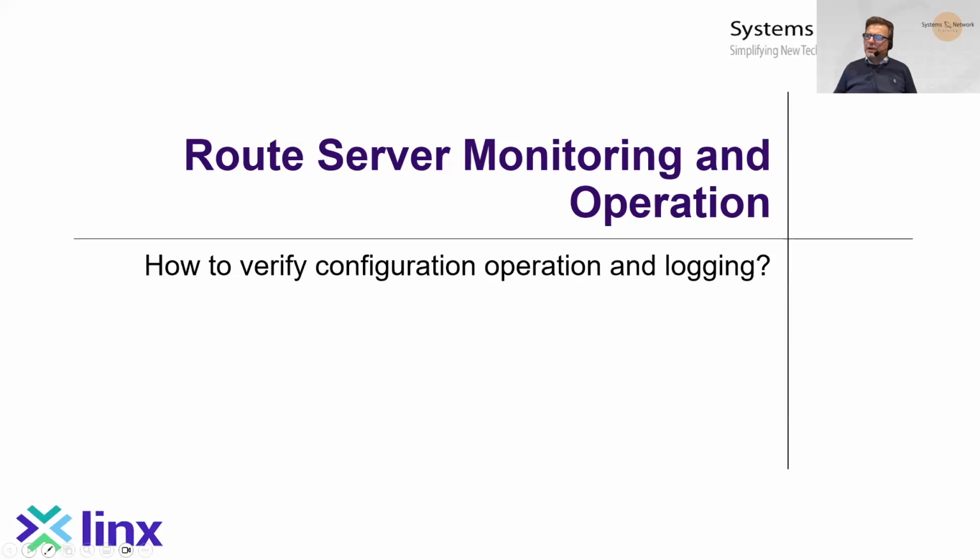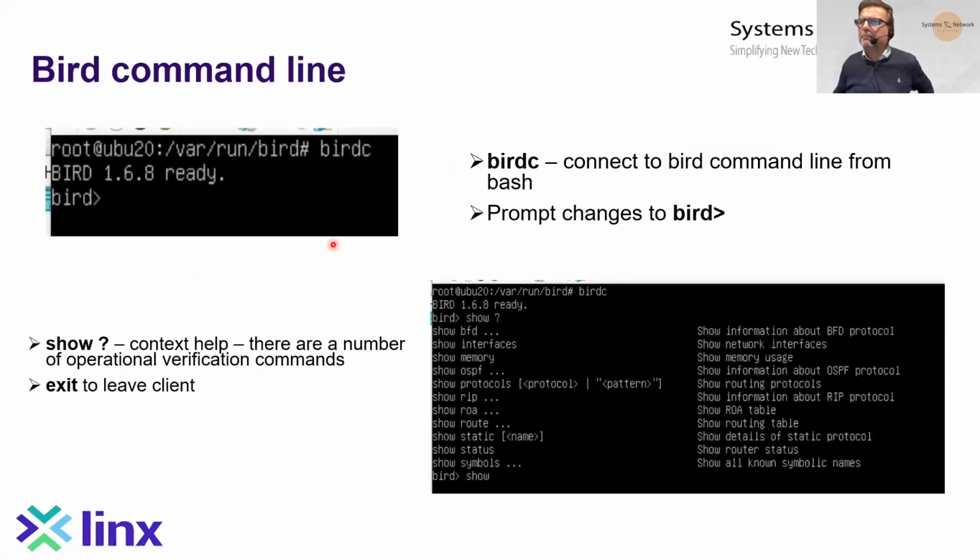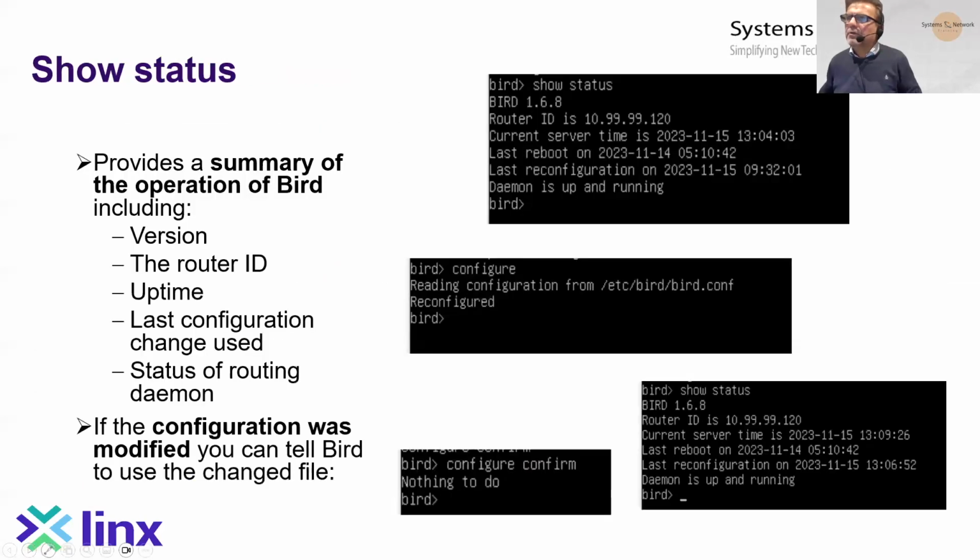In terms of operation and monitoring, we've seen the command just now to get into the command line and the prompts that change within the environment. You can see some idea of what this root server is capable of in terms of show commands. So we can see interfaces, we can see routes, we can see overall status to see how things are running. So we can see how things look from the point of view of the root server.